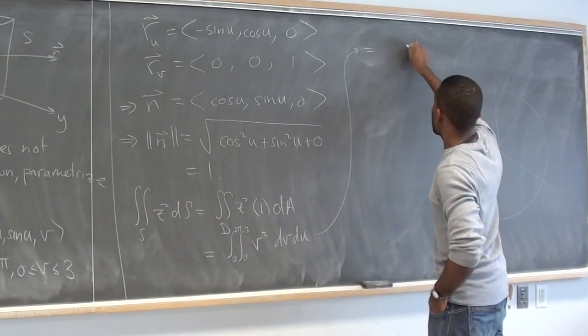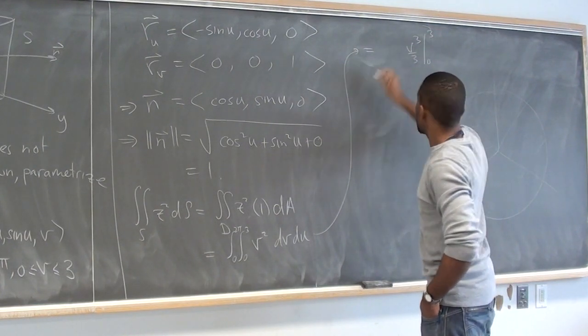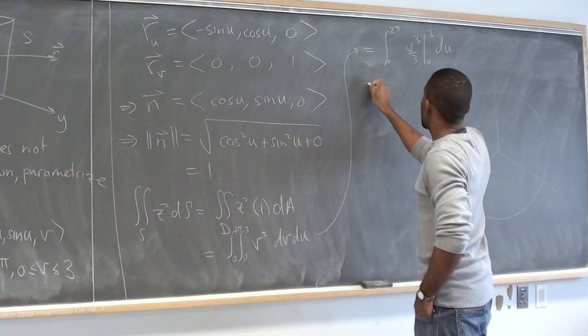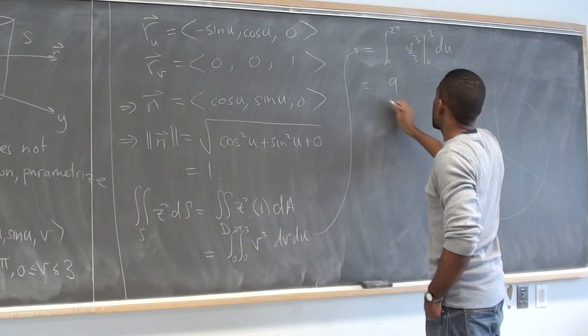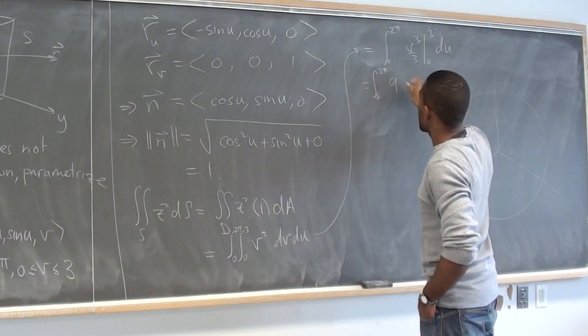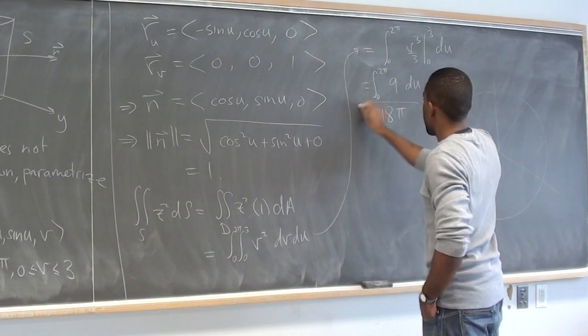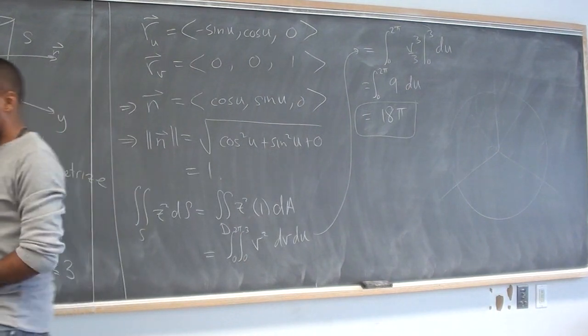And so this is just v cubed over 3. At 3, this is just 9 minus 0. This will just be 18. Okay, this is much too easy for our exam.